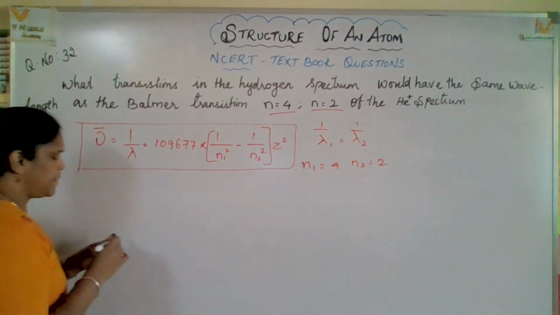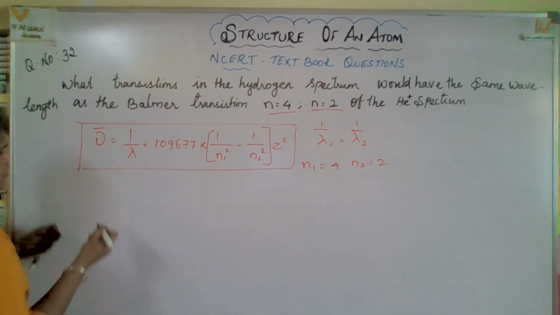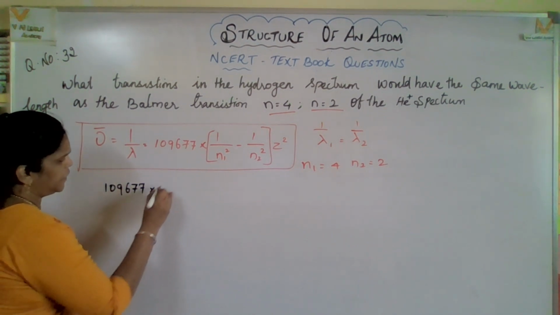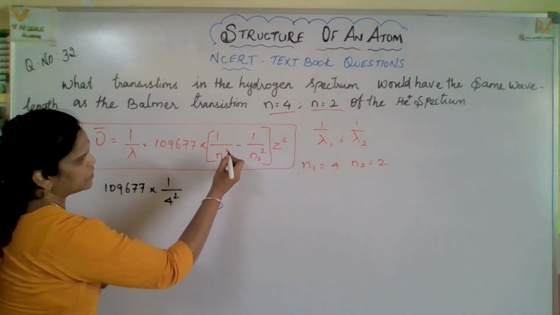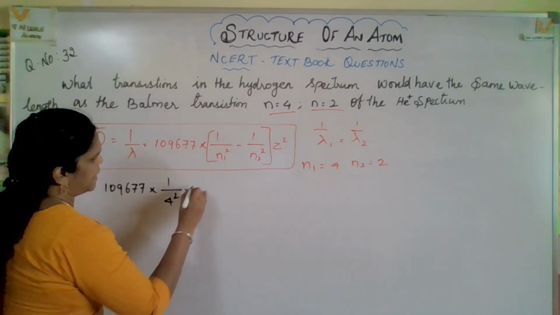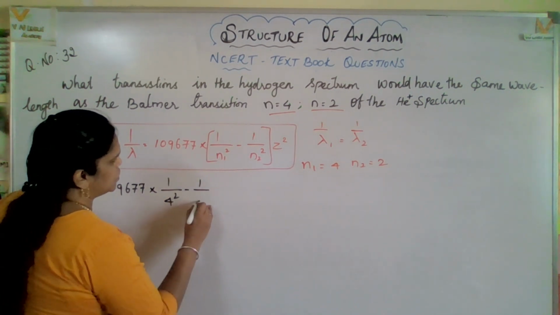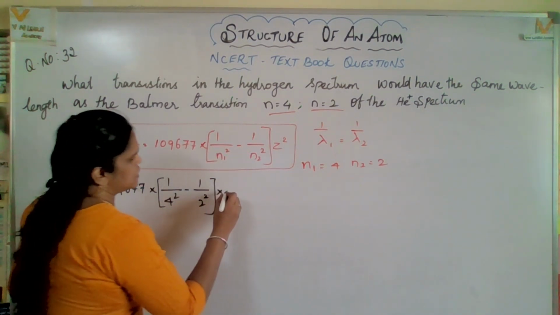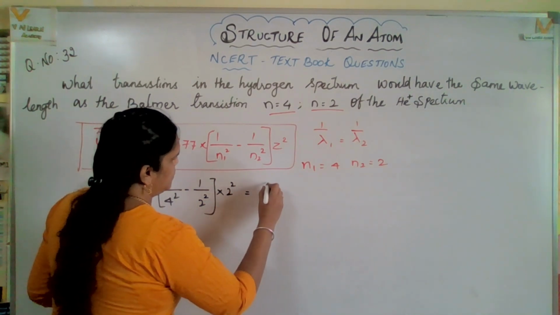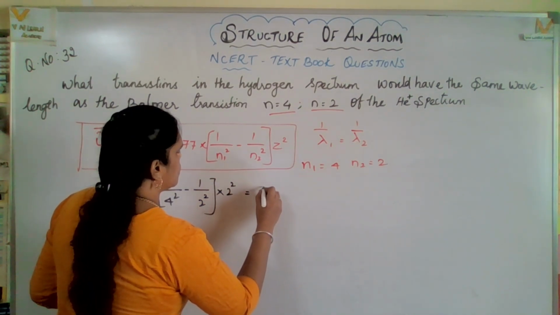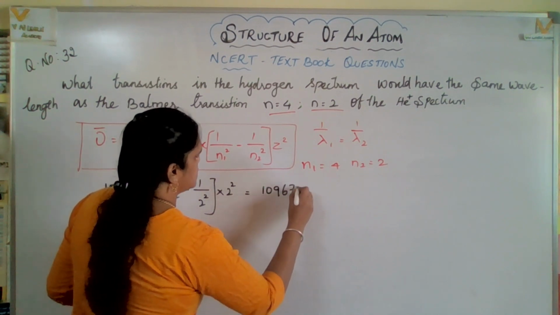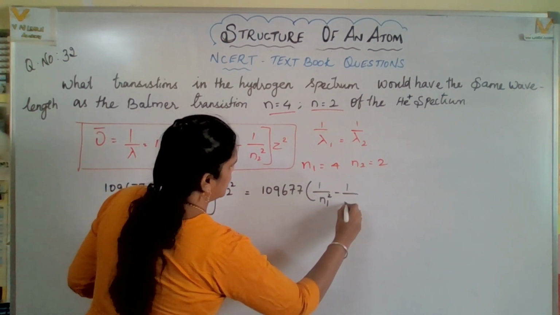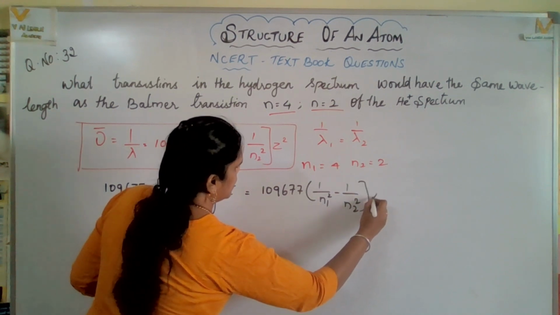Okay, now let us apply the value here. 109,677 into 1 by 4 square minus 1 by 2 square into z squared, where for helium z squared is 2 square, equal to 109,677 into 1 by n1 square minus 1 by n2 square into 1 square.